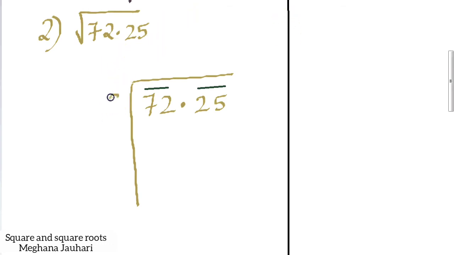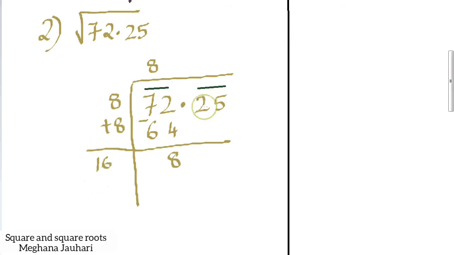So if you take 8, it will be 64, right? So writing 64, 72 minus 64 will give you 8, and plus 8 over here, twice of 8 will give 16. Clear? Now again we are going to move down this number over here to find our new dividend.